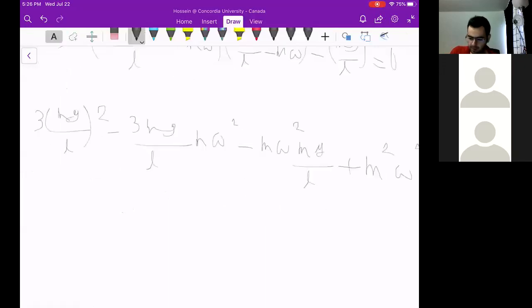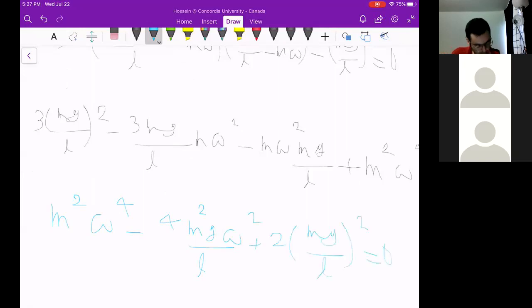As I told you previously, we are dealing with an equation of degree 4. So if I further simplify it, I will have m squared omega to the power 4 minus 4 mg over L m omega squared plus 2 (mg/L) squared.